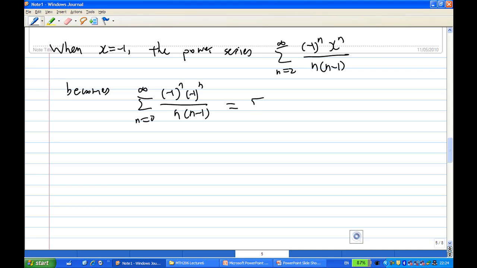Now (minus 1) to the power n times (minus 1) to the power n becomes 1. So this is the sum of 1 over n times n minus 1, from n equal 2 to infinity.